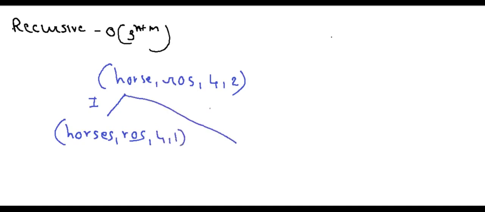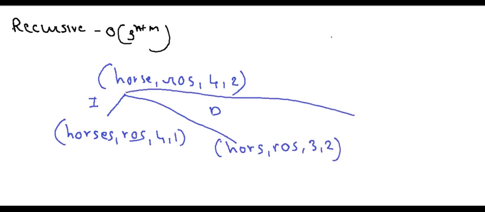If I'm deleting, then I have H O R S E and R O S, and I'm deleting a character, so this becomes 3, this becomes 2. And if I'm replacing, then H O R S S and R O S, this becomes 3, this becomes 1.